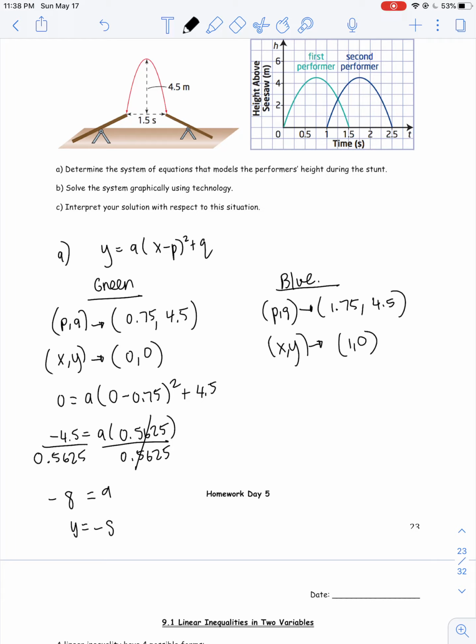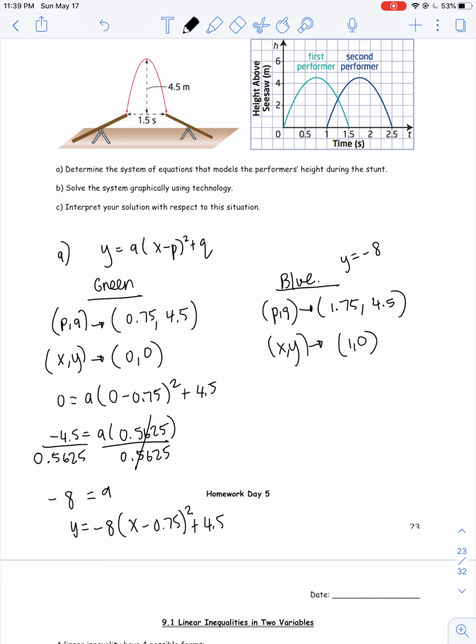With our equation, we do need to write it out as well. It should be y equals negative 8 (x minus 0.75) squared plus 4.5. So that's our first equation. This is the green one.